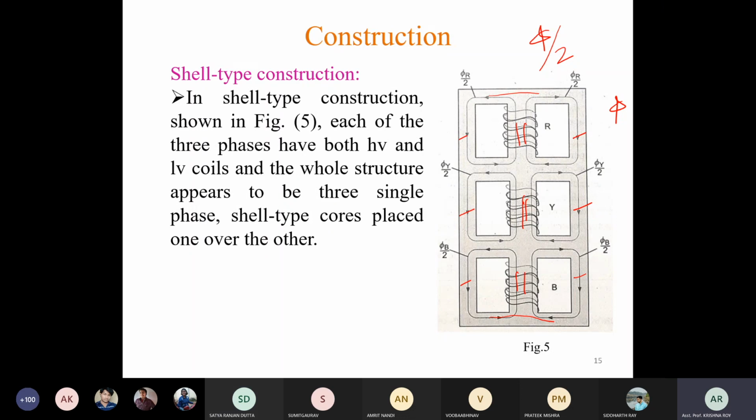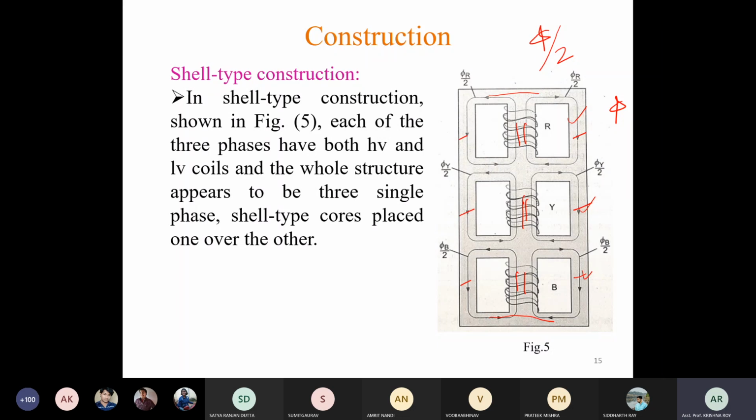Okay, that's true. But the actual reason is that as we are using three-phase supply, so this three-phase flux, that means this is R phase, this is Y phase, and this is B phase. So all the three fluxes will have 120-degree angle in between them.